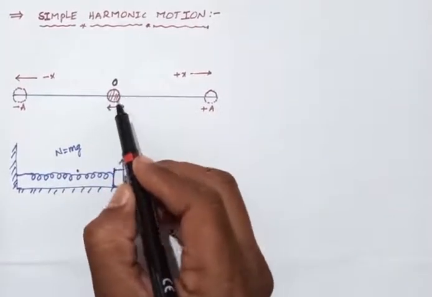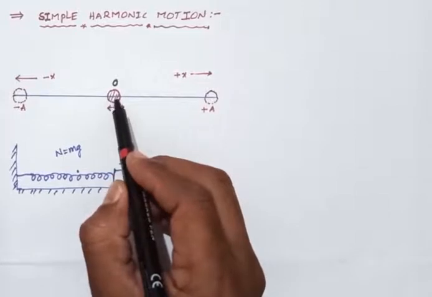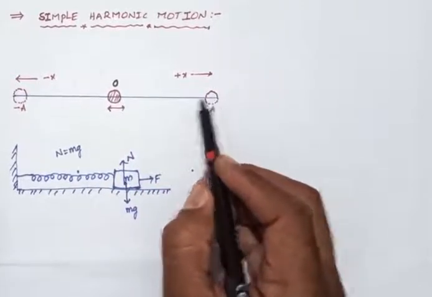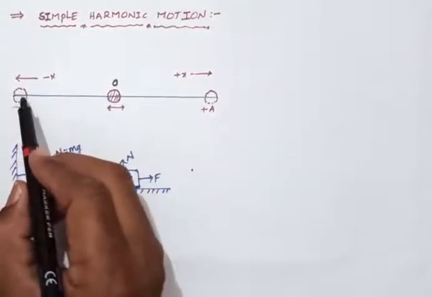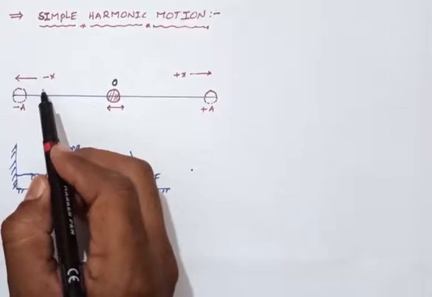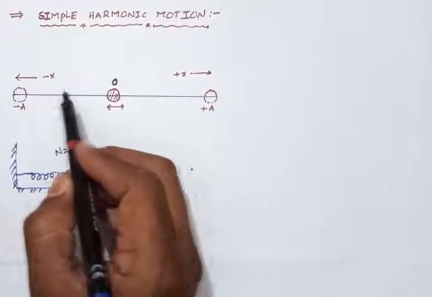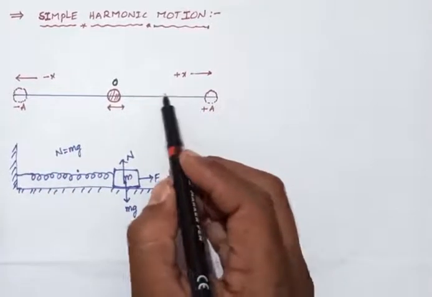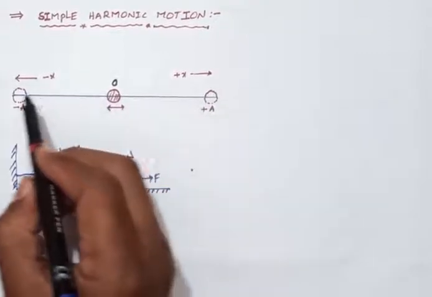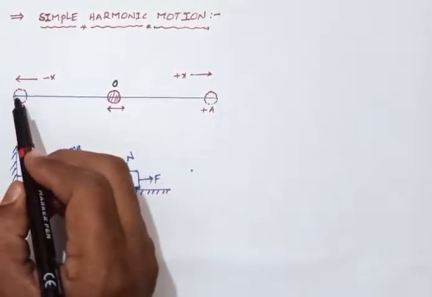Like this, the particle moves in the positive x-axis direction, and again it moves in the negative x-axis direction, along the x-axis.